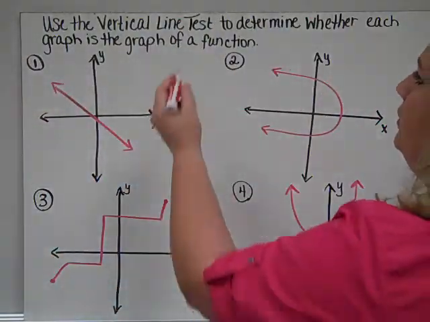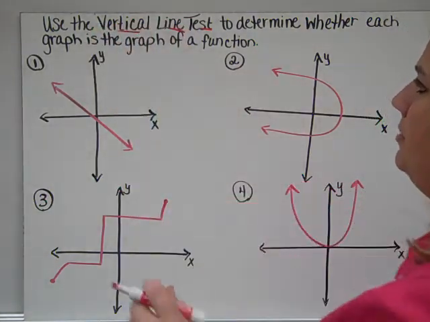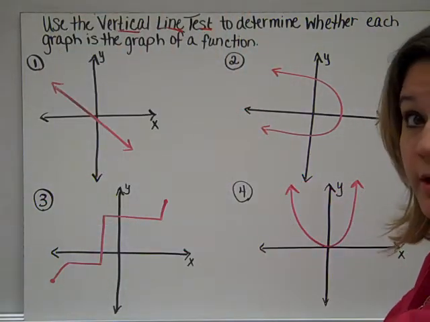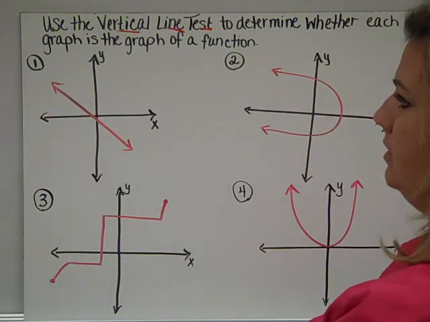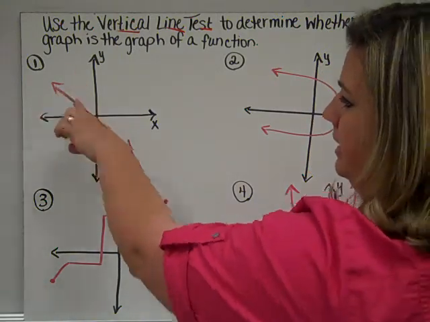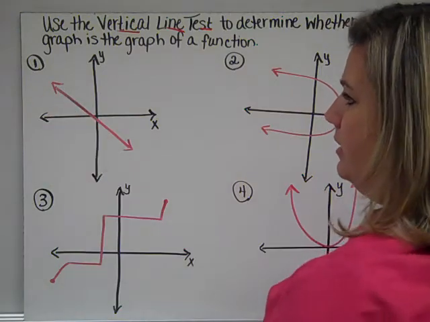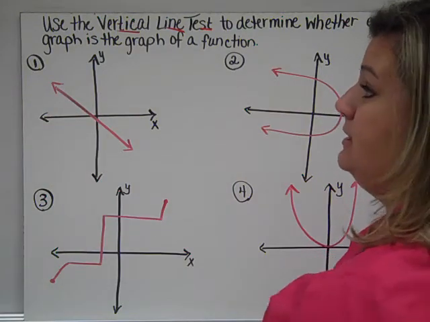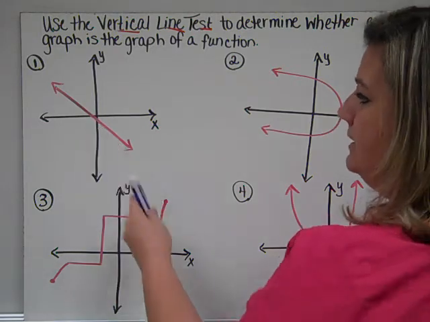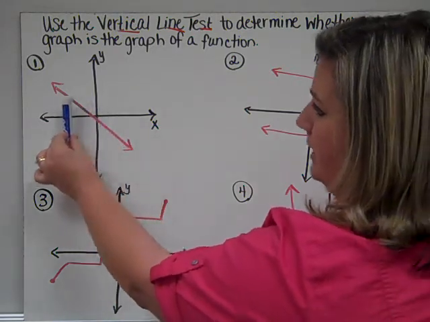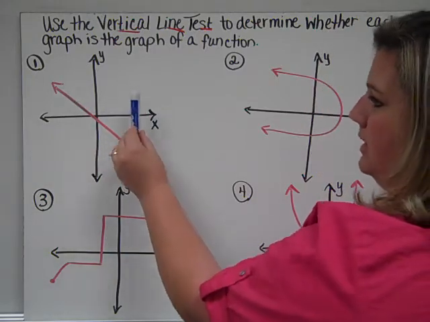Alright, here we're going to do the vertical line test. Remember, the vertical line can only touch one point on that graph. In red is the graph. Here's my coordinate plane, and here is the set of ordered pairs that we're going to see: is it a function or not? I apply the vertical line test with my vertical line, using my expo marker.